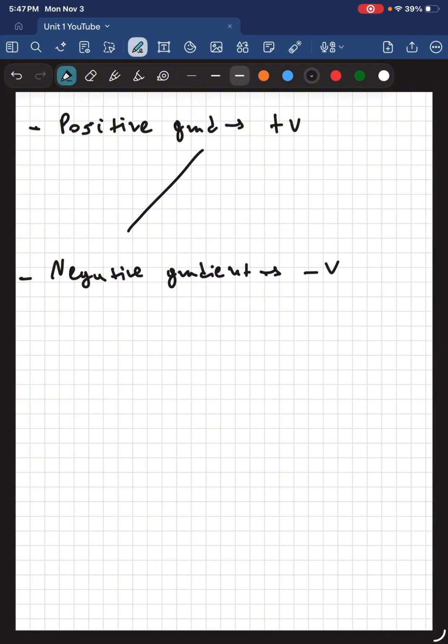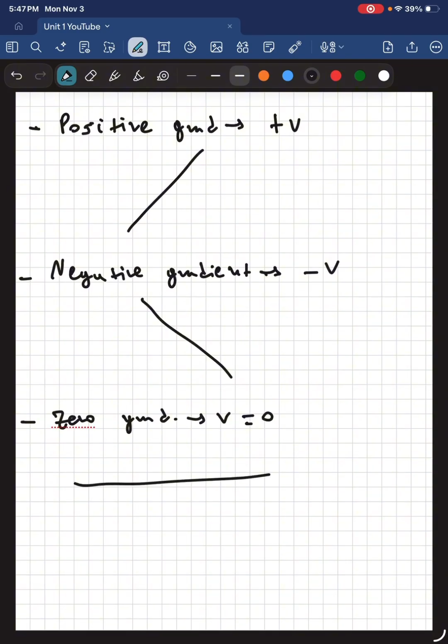A negative gradient looks like this. Zero gradient means that the velocity is 0 and the object is stationary, and it will look like a straight line. It's not straight the way I drew it, but you get the idea.